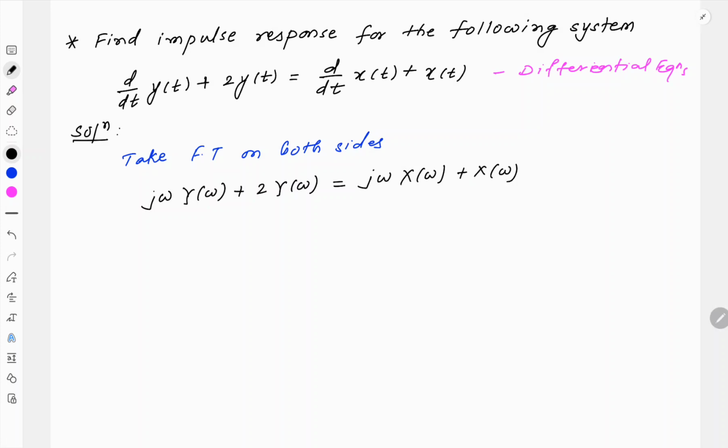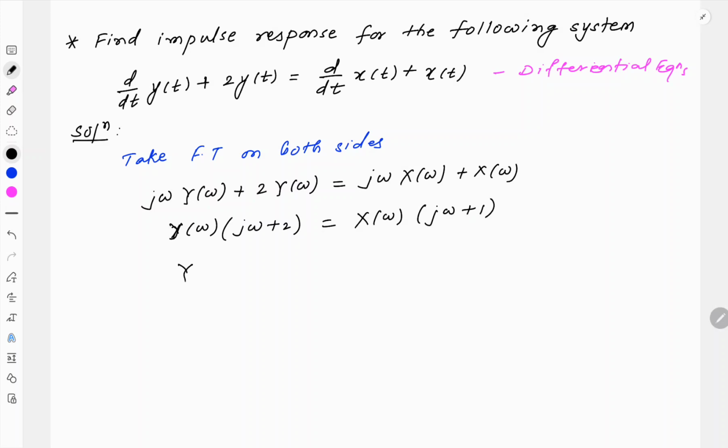Now simplify this equation. We can take Y(omega) common, and the remaining term will be j omega plus 2 equal to, and here also taking X(omega) common, the remaining term will be j omega plus 1.